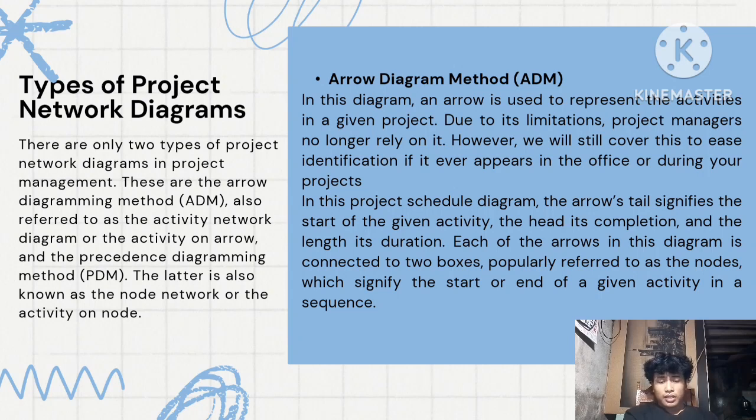In this project schedule diagram, the arrow tail signifies the start of the given activity, the head is its completion, and the length its duration. Each of the arrows in this diagram is connected to two boxes, popularly referred to as the nodes, which signify the start or end of a given activity in a sequence.